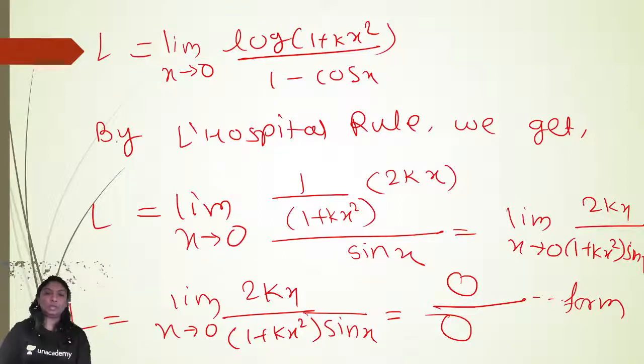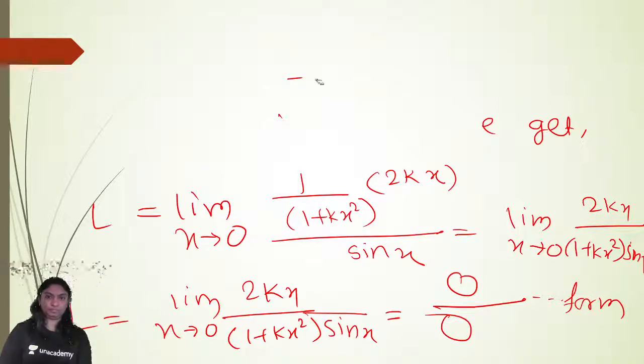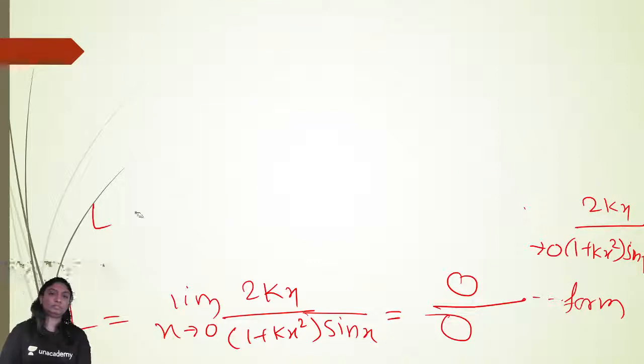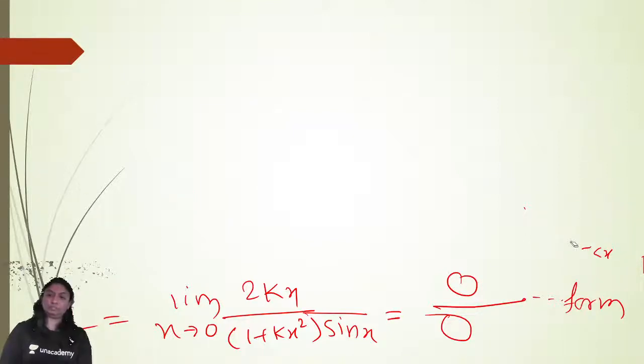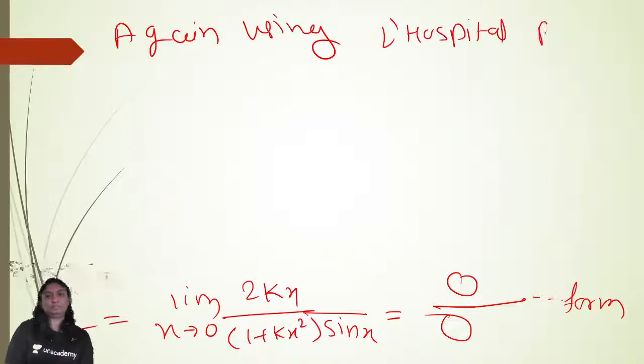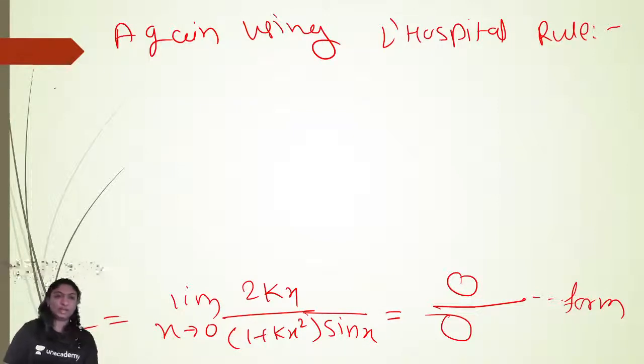So here we will use L'Hospital rule again. Again using L'Hospital rule, you will get here L is equal to limit as x tends to 0.